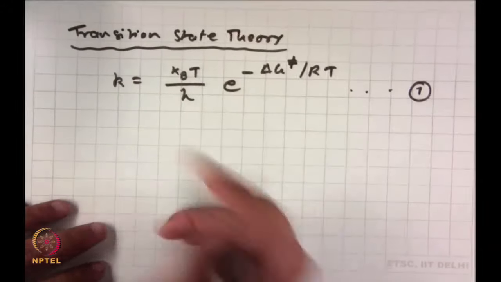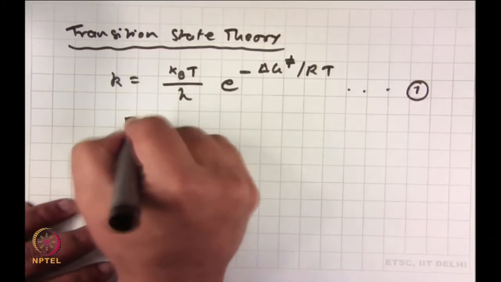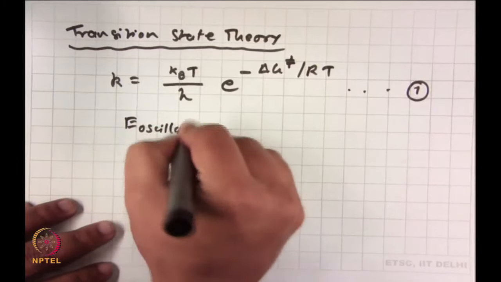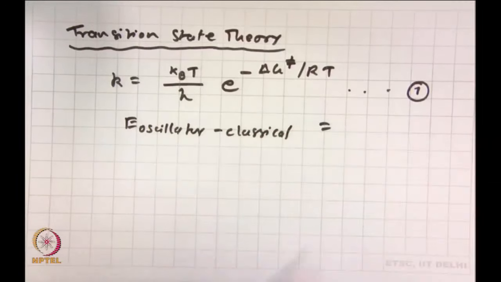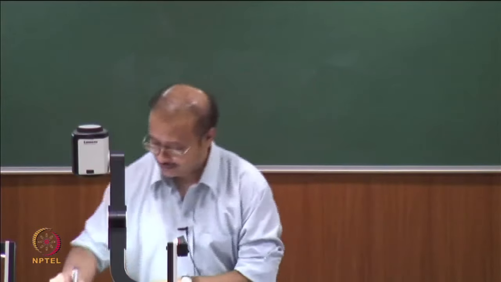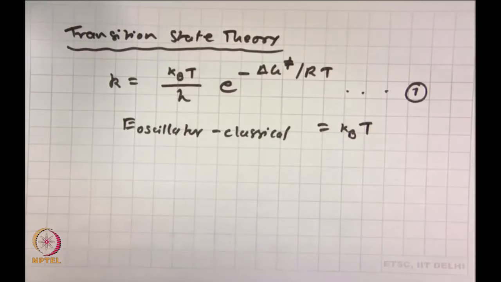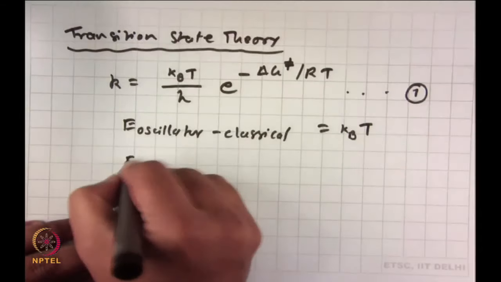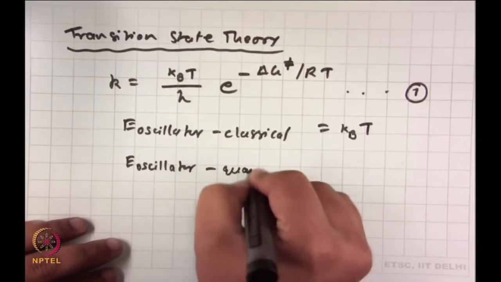How can you derive it? Very simply. Remember, from a classical oscillator, the energy of the oscillator, which is classical, what is that equal to? k T, right, it is the thermal fluctuation. E oscillator classical is equal to k_B T. Now, you are trying to bring an equivalence. What is E oscillator if you are trying to develop it from quantum theory?